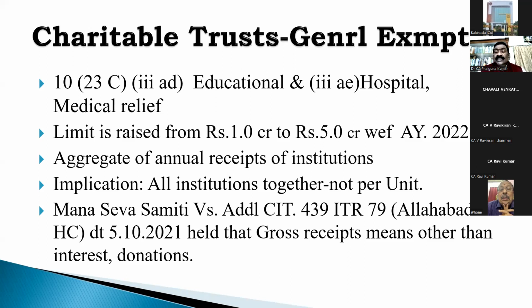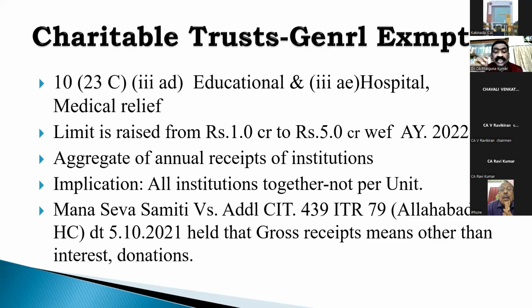Now it is per entity, 5 crores. That controversy has been set right by saying that it is a per entity limit of 5 crores. So now you should note the aggregate annual receipts of all the institutions, not per unit.